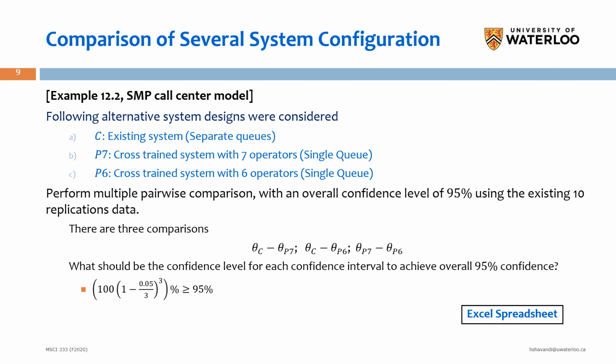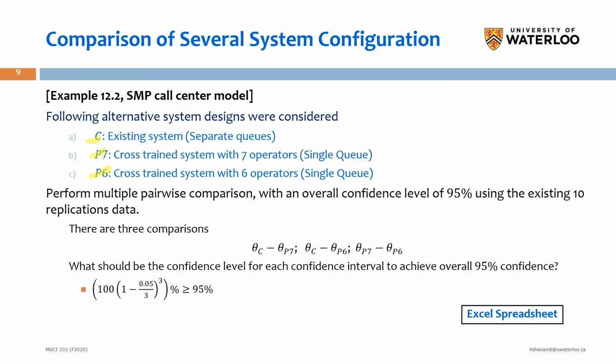Now let's consider the previous example, the SMP call center, and consider those three alternatives: the current system, the proposed system with 7 operators, and the proposed system with 6 operators.